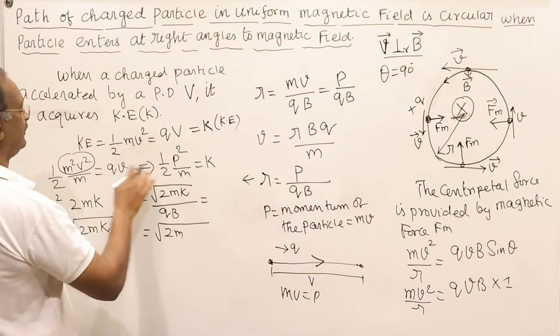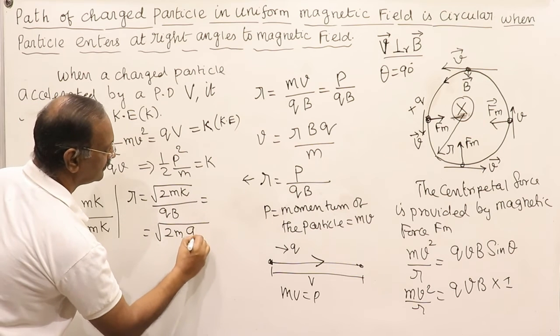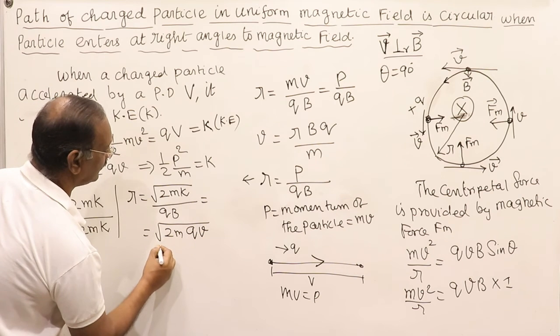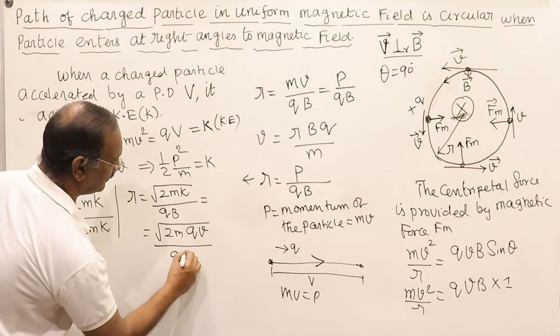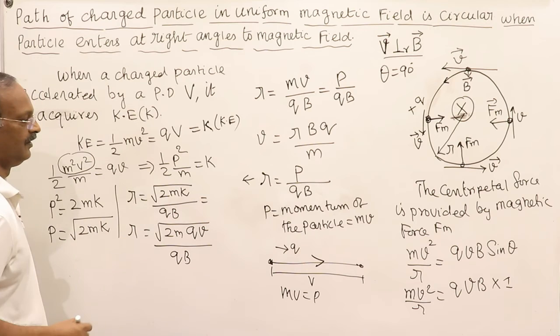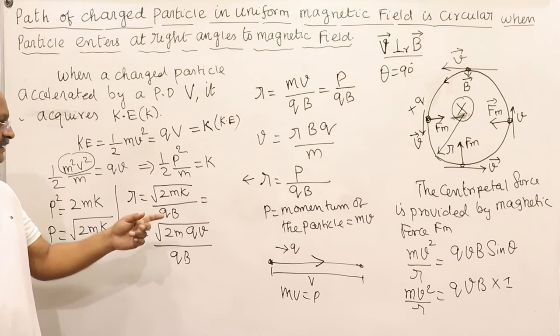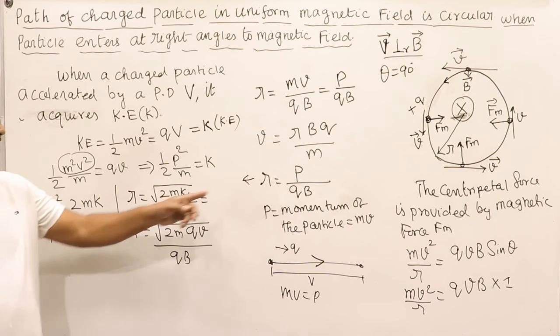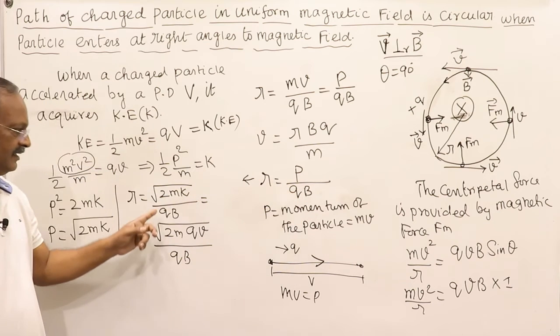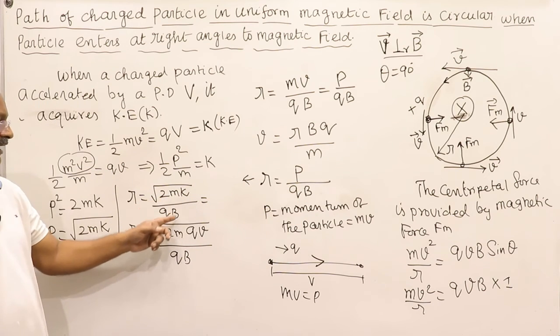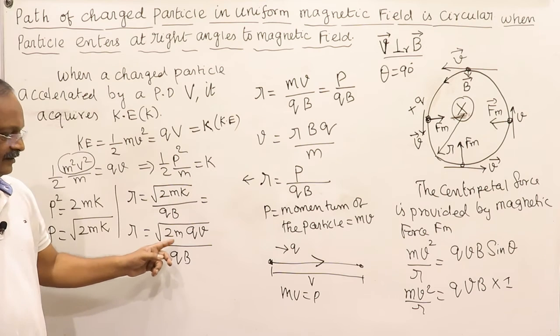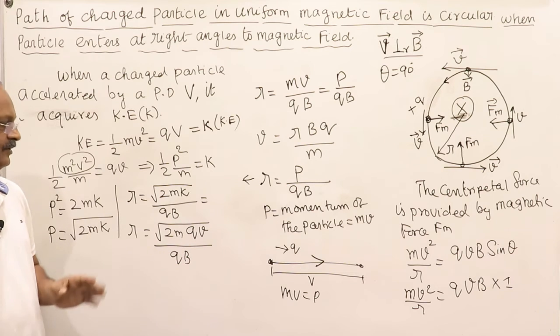Since K is equal to qV, K can also be written as qV. Therefore r can be found by using this equation: r is equal to p by qB, and r is equal to under root 2mK divided by qB.